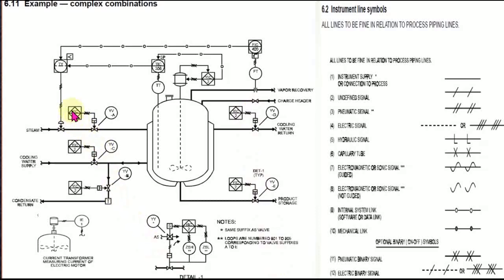I already explained in the previous slide. So these are electric signal, electric binary signal. This one and this one is electric signal, this one because this is an actuator. This part is a current transformer measuring current of an electric motor.